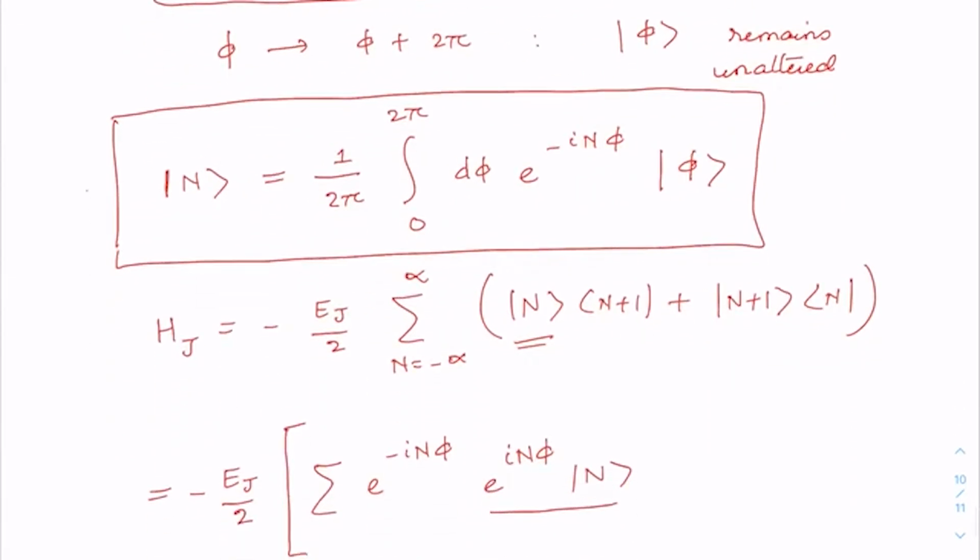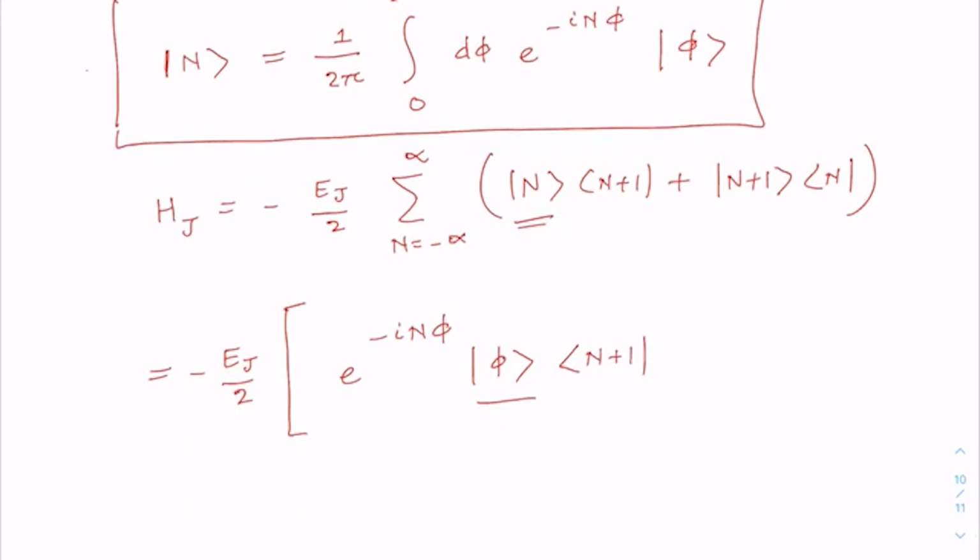So utilizing that expression, I can write this as e to the power minus i n phi, ket phi, using e to the power plus i n phi here. Then I am left with the bra n plus 1 part, and similarly here I can write e to the power minus i n plus 1 phi, ket phi, and then I have the bra n here.